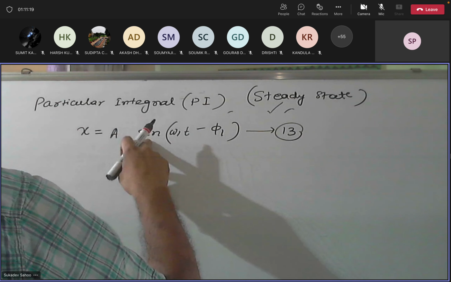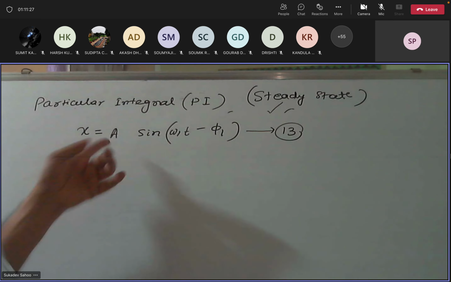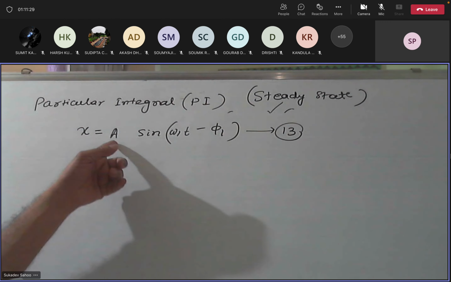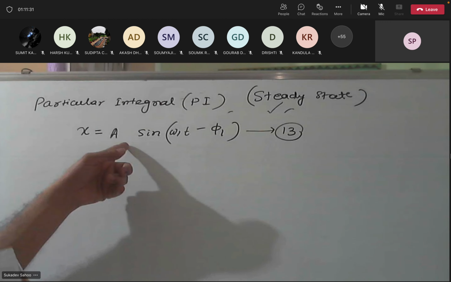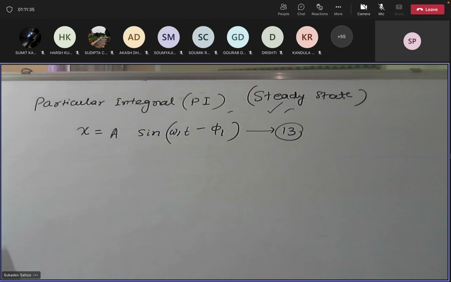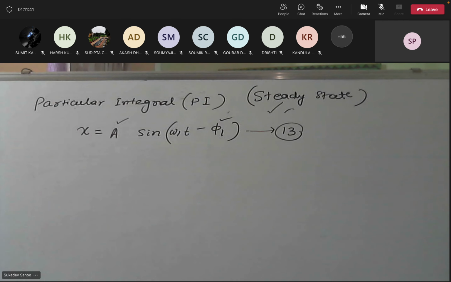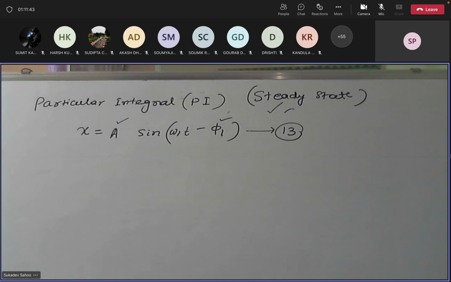Here A is the amplitude of the forced oscillation, which is a constant, and phi 1 is the phase constant of the forced oscillation. These are two arbitrary constants which can be determined using the initial conditions.